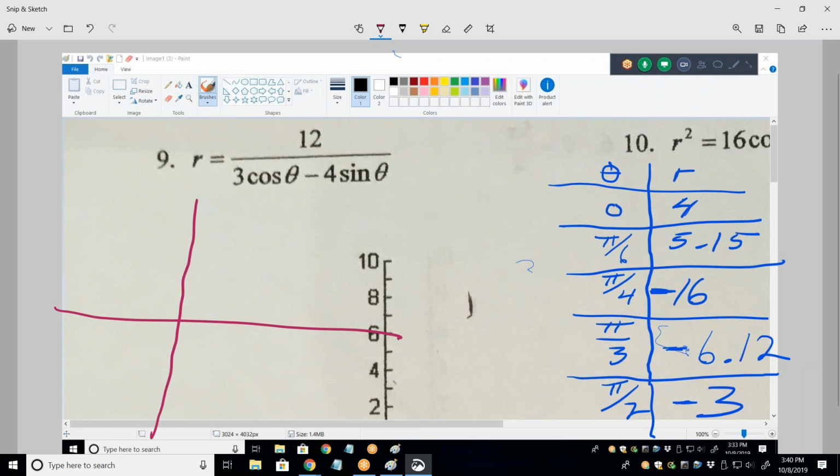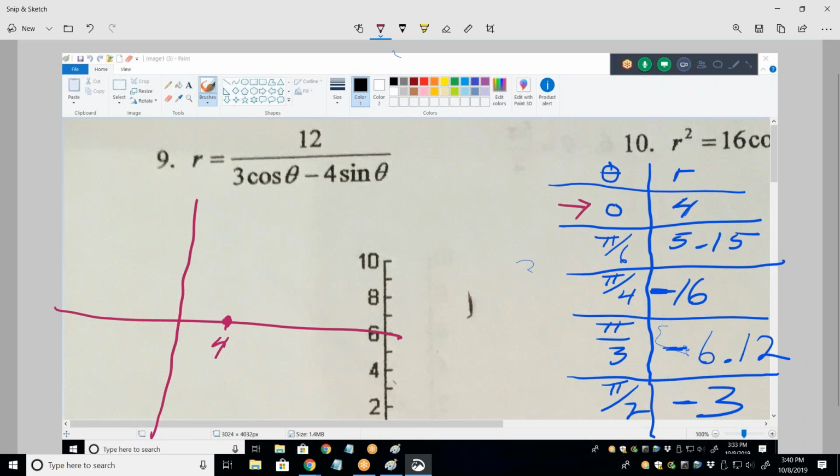Yes, sir. Okay, so let's do the first point. When theta is 0, meaning when the line is on the x-axis, r is a positive 4. All right. That point is on the graph. Do you see that? Yes, sir.